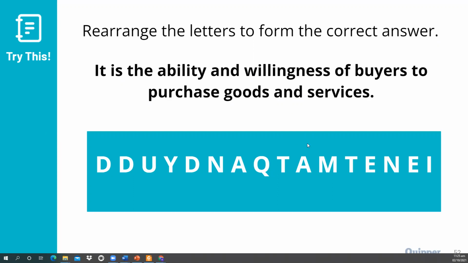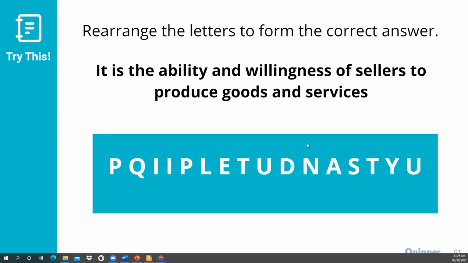Okay, that's right. Quantity demanded. Next, it is the ability and willingness of sellers to produce goods and services. Yeah, that's right. Quantity supplied.